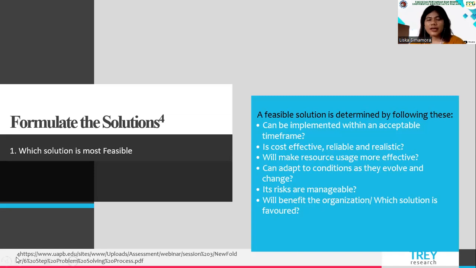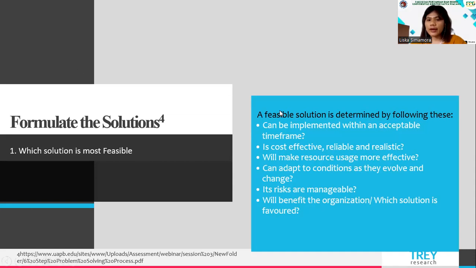So is your idea feasible? You have to ask this one and widen your question by using these questions. Can it be implemented within an acceptable time frame? So you ask, can the agrotourism be implemented within an acceptable time frame? For example, you want to solve the problem in 2 or 3 years.